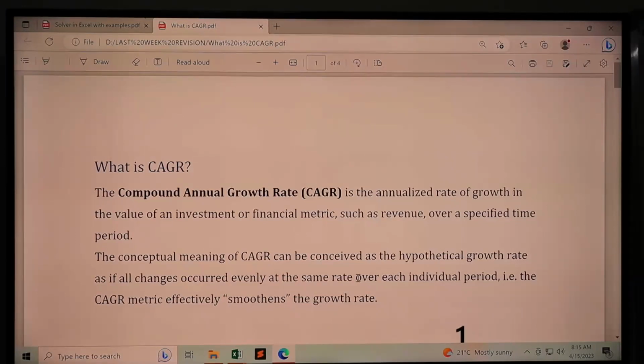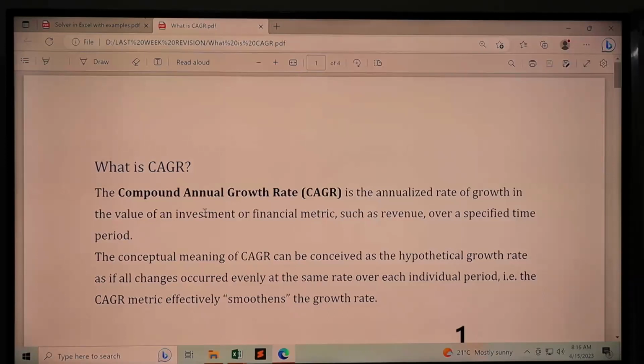So, we'll start with this concept about compounded annual growth rate. If you check from a small booklet I have sent you about financial functions, this function was there under the compound interest, just below the compound interest.